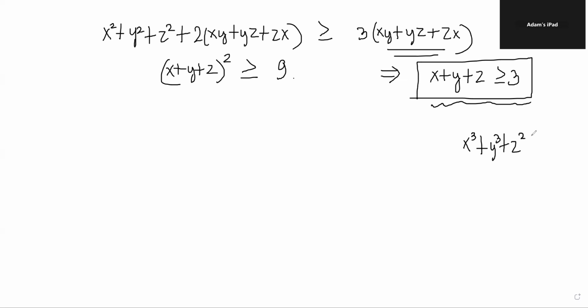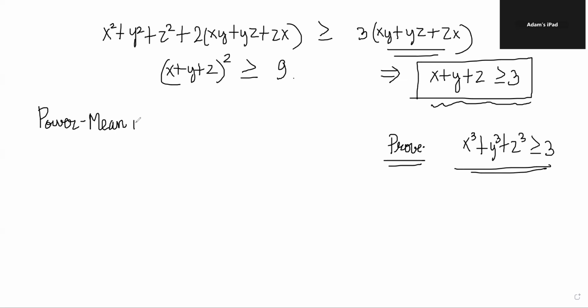So we have this condition, and we need to prove that x cube plus y cube plus z cube is also greater than or equal to 3, right? So here, what we will use is something called the power mean inequality. You can do a little bit of research on this power mean inequality.